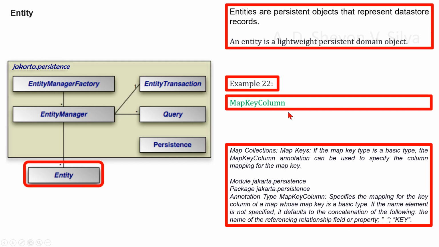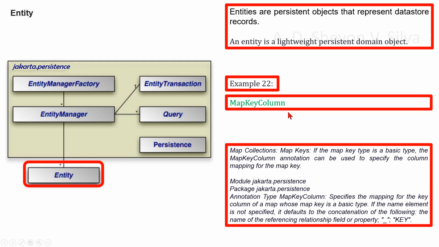If the map key type is a basic type, the MapKeyColumn annotation can be used to specify the column mapping for the map key. If the MapKeyColumn annotation is not specified, the default values of the MapKeyColumn annotation apply. If the map key type is an embeddable class, the mapping for the map key columns is defaulted according to the default column mappings for the embeddable class.